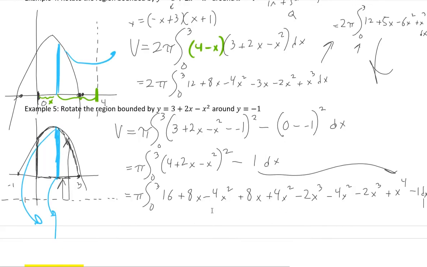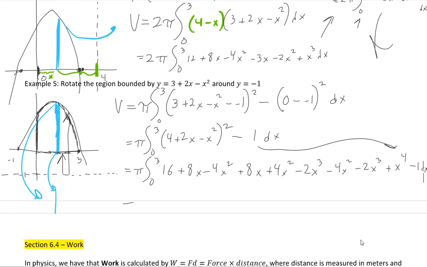All right, kind of long. I can try to simplify that to make it at least a 4-term, 5-term maybe. I have constants of -1 and 16, so that's 15. I have 8x and 8x, so that's 16x. I think that's the only ones I have for a single x, and then for x squareds, I have minus 4x squared and plus 4x squared, it looks like.